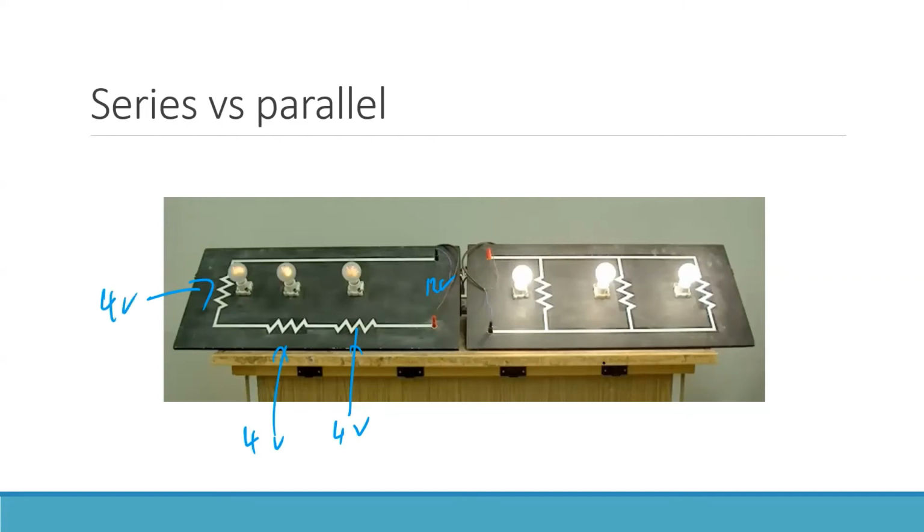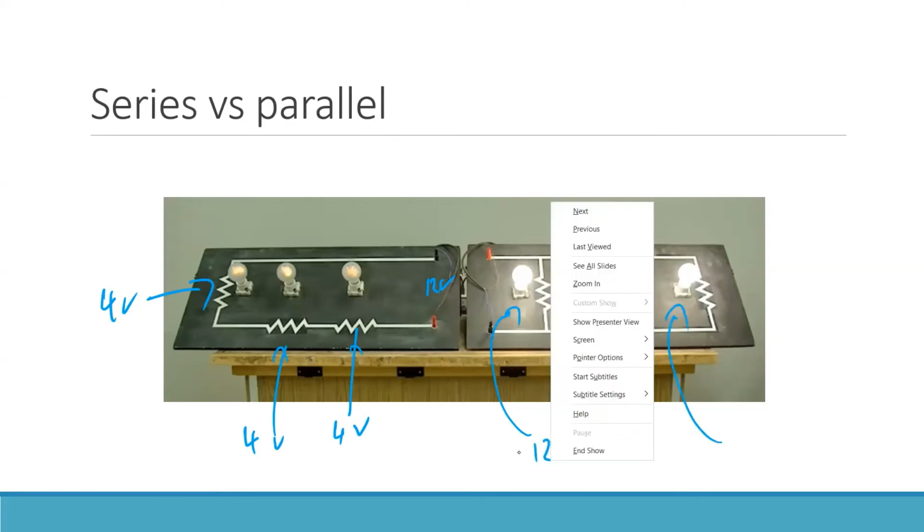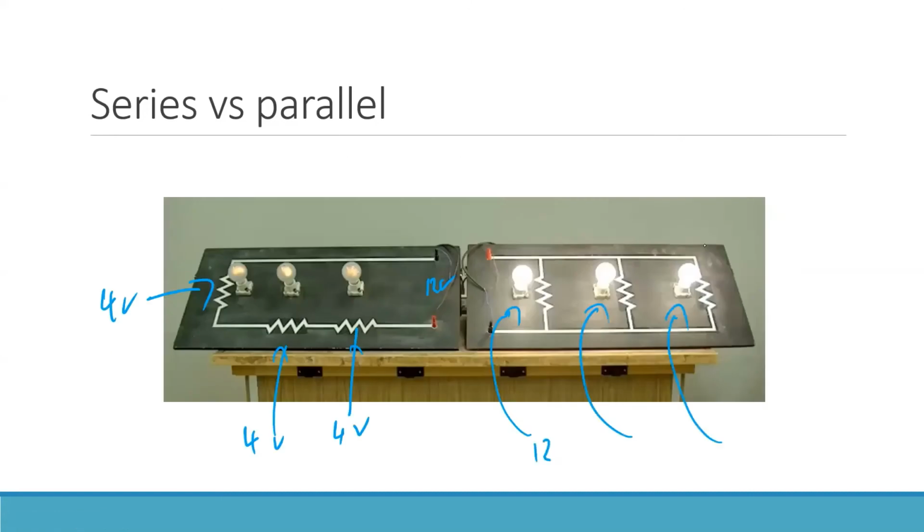If this is instead parallel, then each of these is dropping 12 volts. So that makes sense that these bulbs would be brighter because they're each dropping 12 volts. And then I can always add, oh crap, that's out of time.